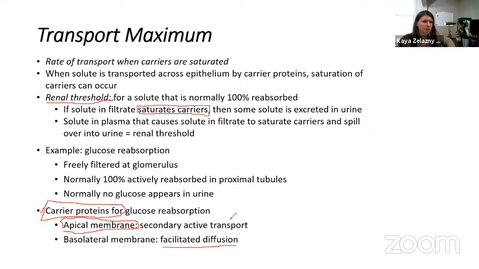Which means that we do have a protein that glucose has to go through because glucose can't squeeze through phospholipids, right? It does need a protein to allow it through, but this would be a form of passive transport across that basolateral membrane because glucose will move down its concentration gradient.